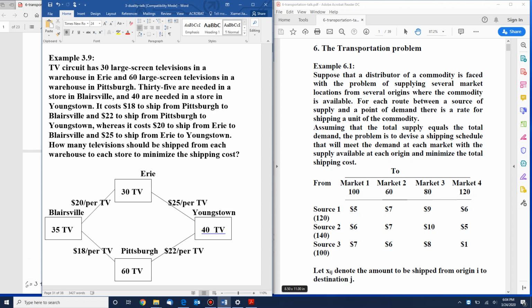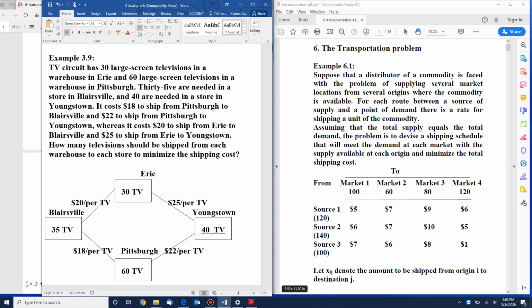That's 360. And you check what we have in these different sources. We have a total of 360. You probably will ask, what if they're not the same? We will deal with it later.